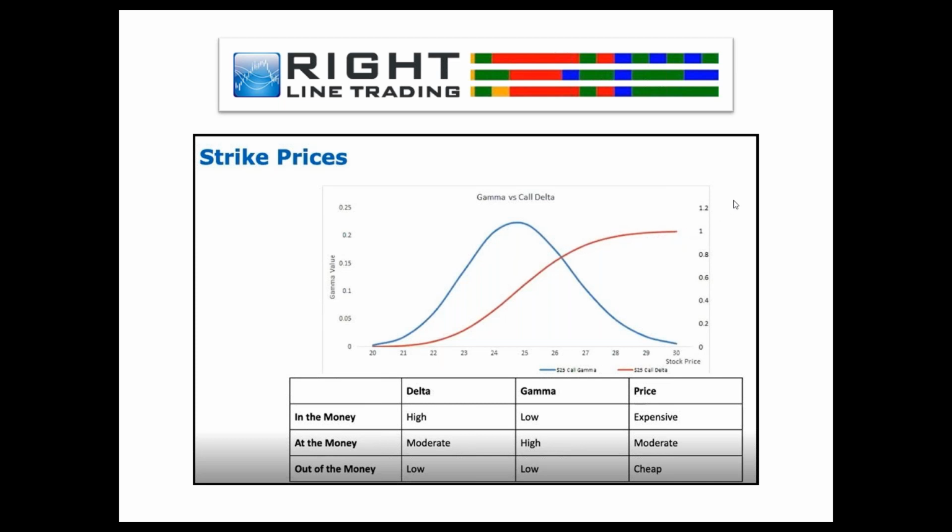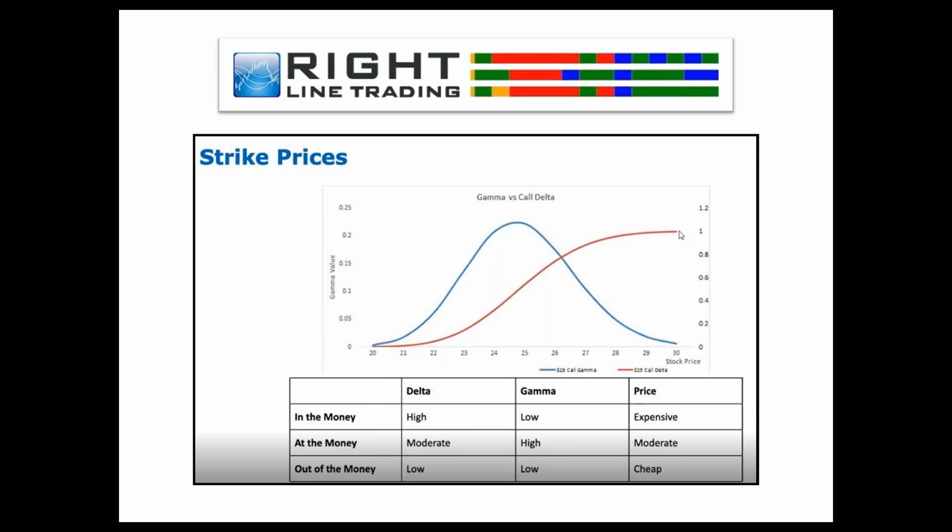If we buy a deeply in the money option where the gamma is all the way down here, and the gamma tells us the change in delta, and the delta essentially tells us how much the option is going to change for every incremental change in price of the underlying stock.